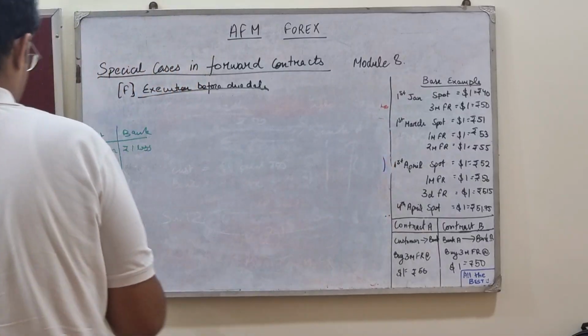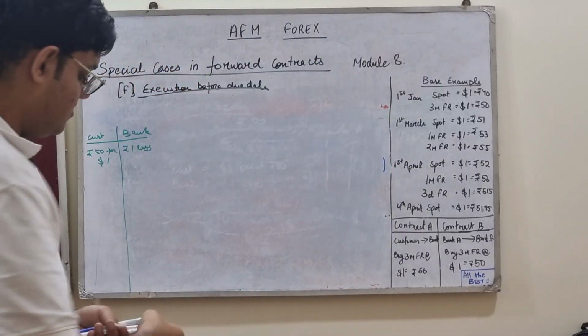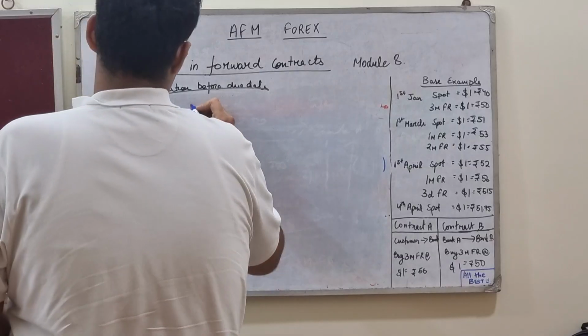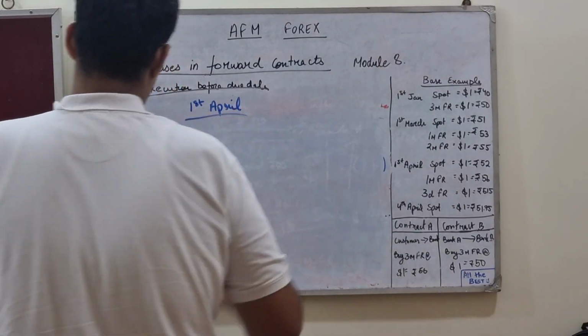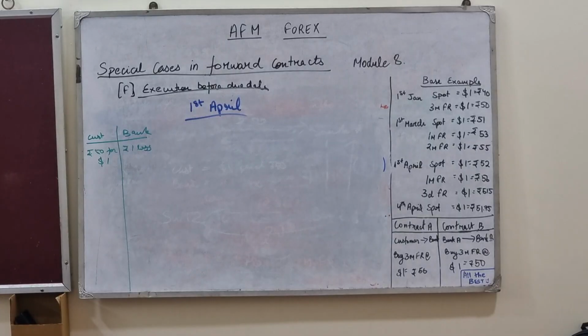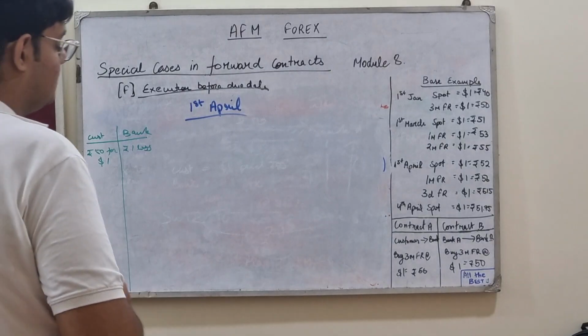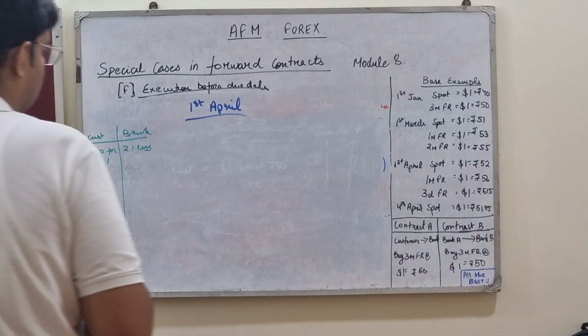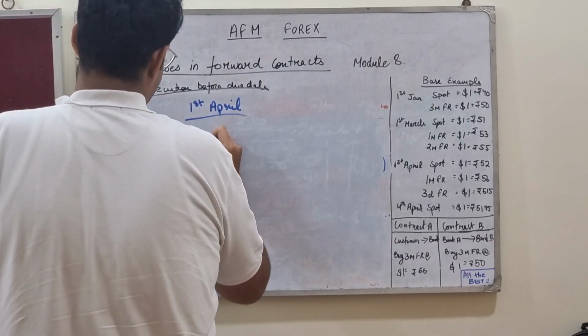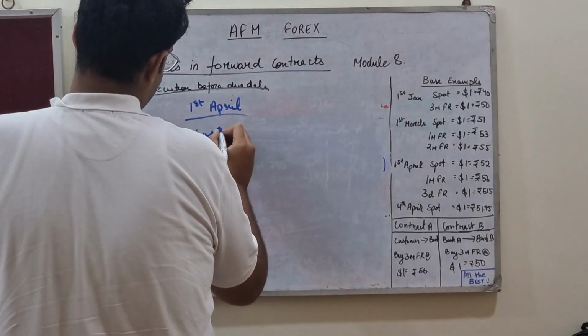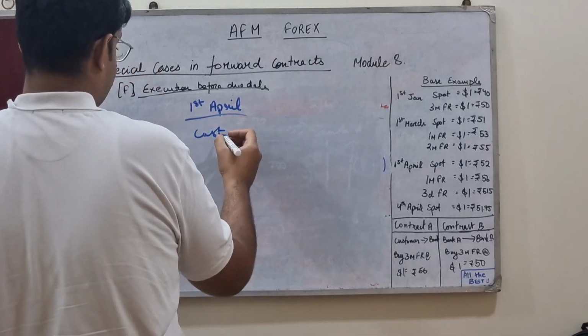Technically I'm explaining the logic also right here, so you can just listen to it. Then we are on 1st April. What happens on 1st April? There are transactions with the customer.